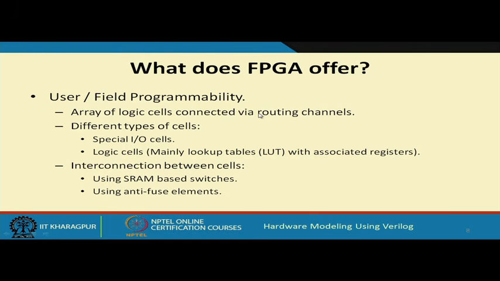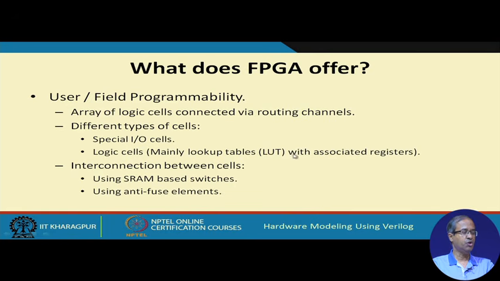Now, in addition to it, there are some other cells called IO cells. Now, these logic cells can be either IO cells or they can be something called lookup table blocks. And these routing channels, interconnections, they are manufactured in different ways, either using static RAM or using something called anti-fuse.